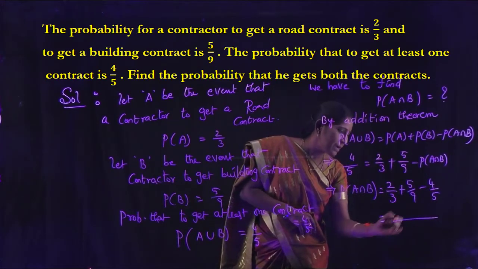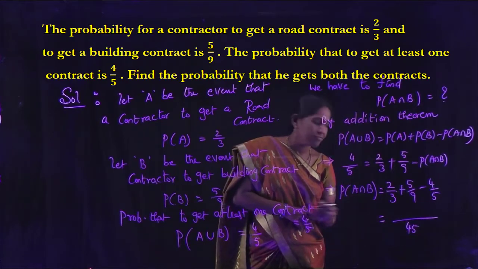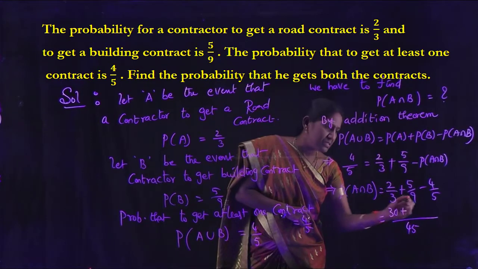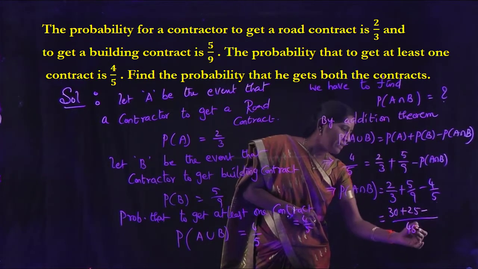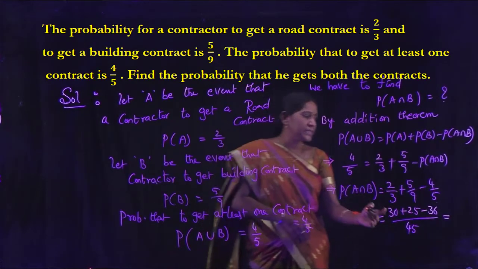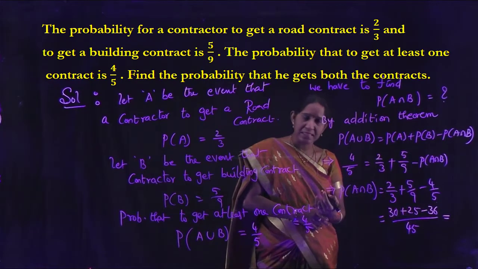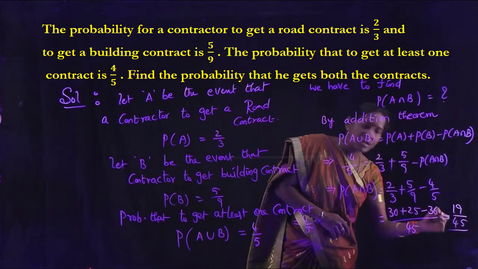Take LCM, it is 45. Here 3 15s are 45, then 15 into 2 is 30, plus 9 5s, 5 into 5, 25, minus 5 9s, 9 4s are 36. Then it is 25 plus 30 minus 36. That value becomes 19 by 45.